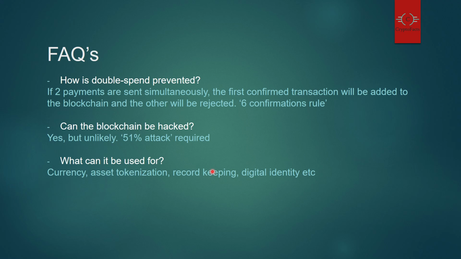The second question that people ask is, can the blockchain be hacked? So in theory, the blockchain can be hacked. If someone controls 51% of the mining power of the whole network, they could prevent new transactions from gaining confirmations, and they could double spend their own coins. However, it's unlikely because such an attack would destroy the trust in the cryptocurrency and the value would drop to zero.